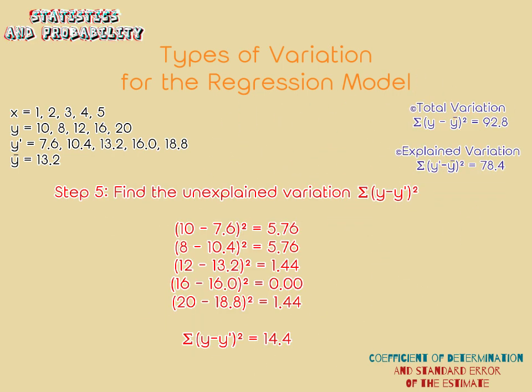And our step 5, which is our last step, is to find the unexplained variation with the use of the formula: the summation of y minus y prime squared.